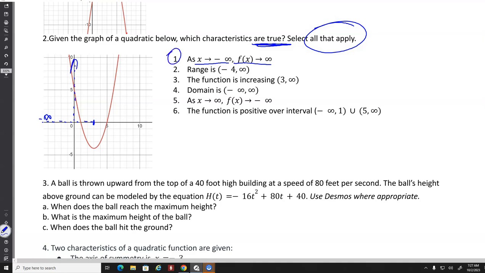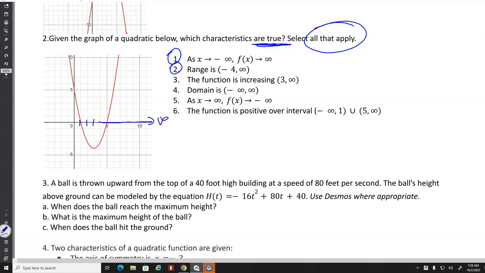All right, the range of the function is negative 4 to positive infinity. That is also a correct statement. The function is increasing from 3 to positive infinity. So 1, 2, 3 to positive infinity.